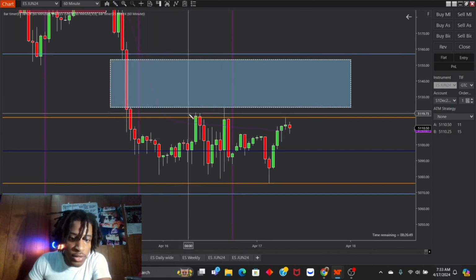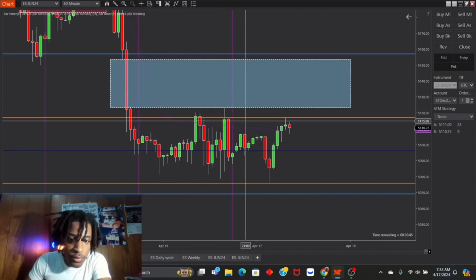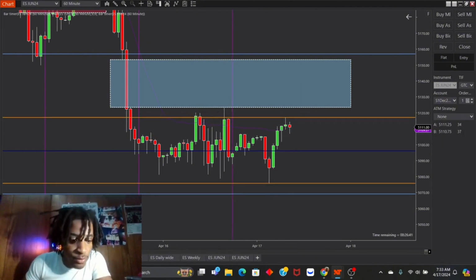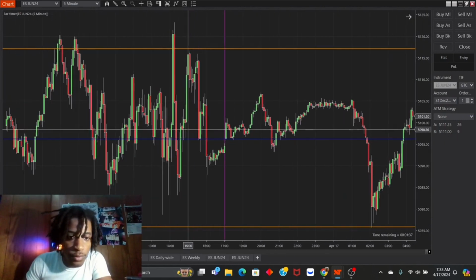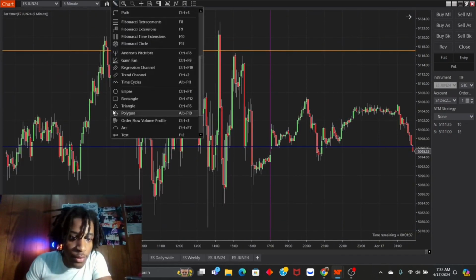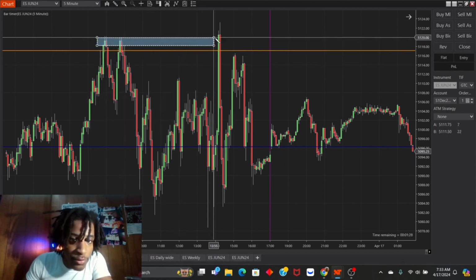And you also have resistance here. I'm going to show you why we have resistance here. If you come down to the 5 minute, this is that same exact move, because I saw it all on my phone. So that's how I know we got resistance right here.